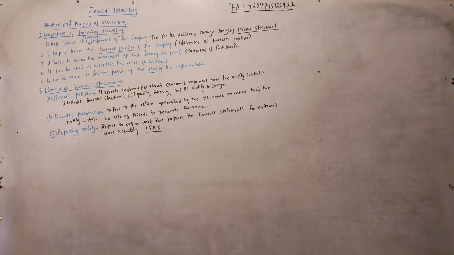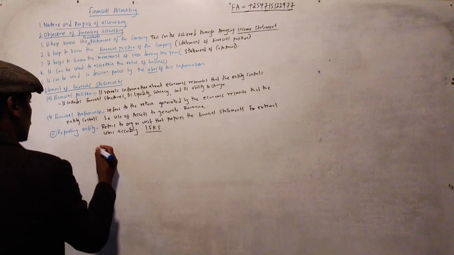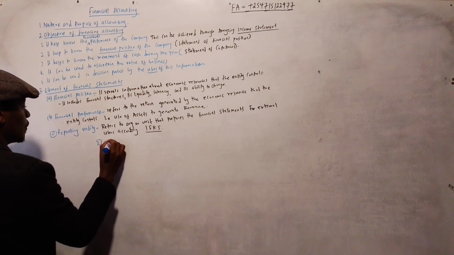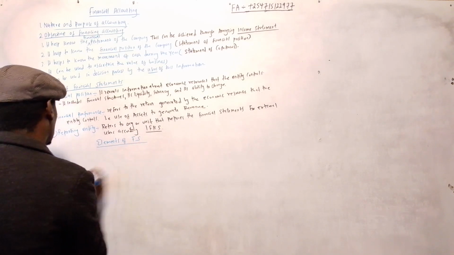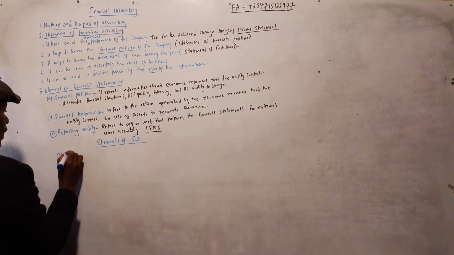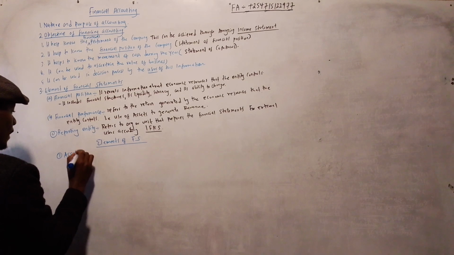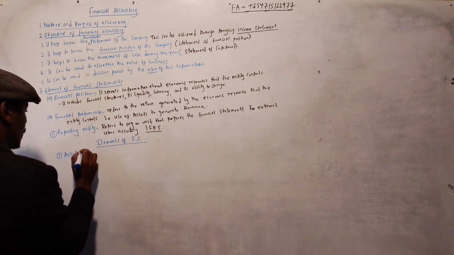So that is now the elements of the financial statements. Number one, we have the assets.